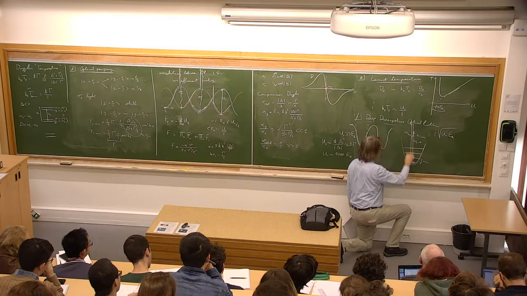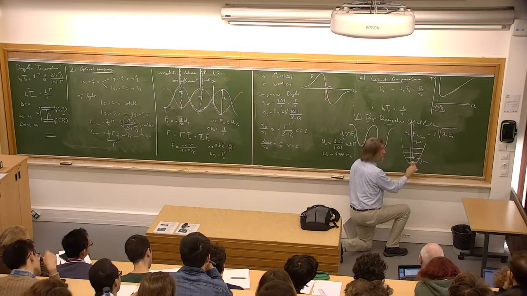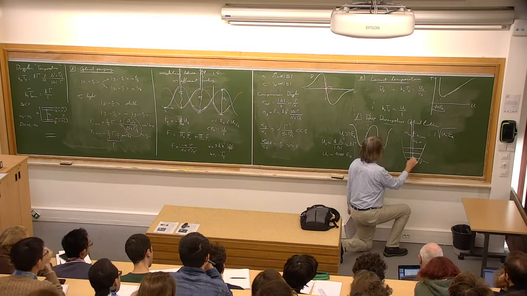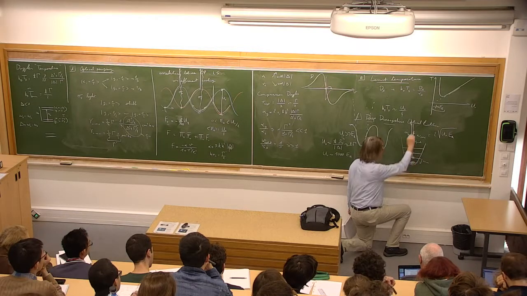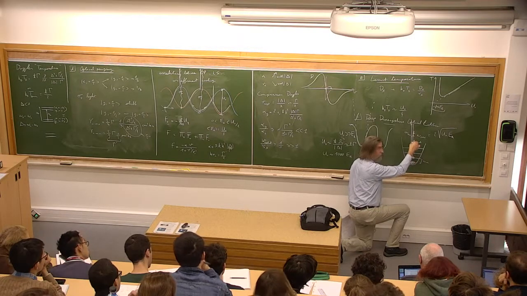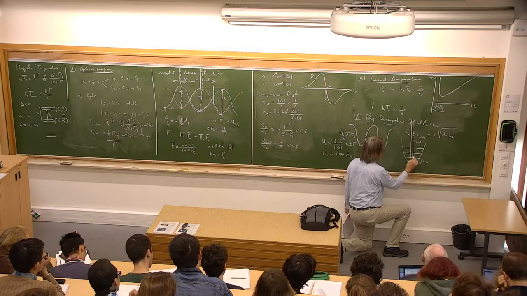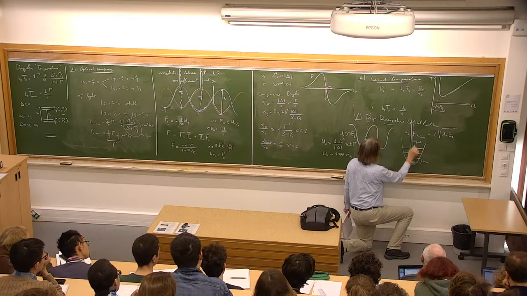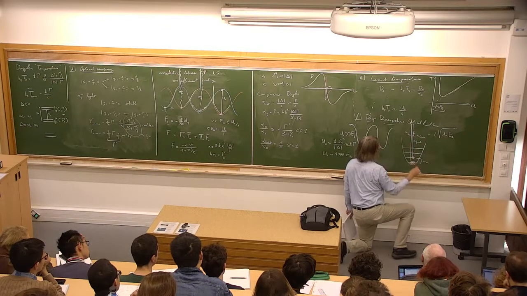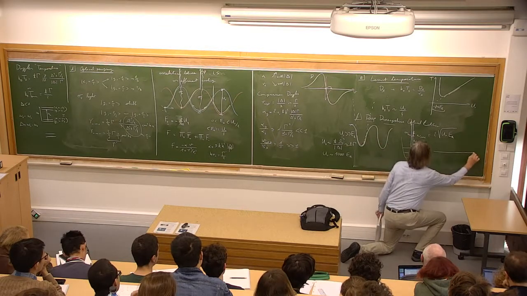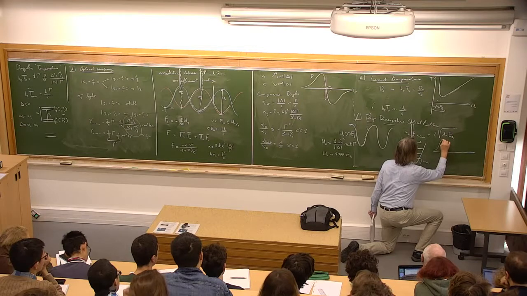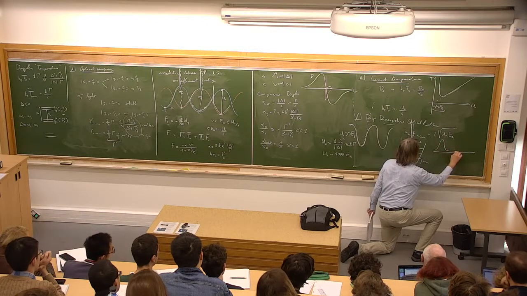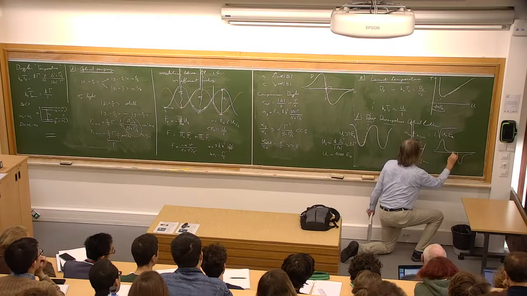And as soon as you have a cooling mechanism that maintains the population independently of the probing, then you will see an amplification of the probe when the frequency of the probe is smaller than the frequency of the pump. And on the other side, you will see an absorption.